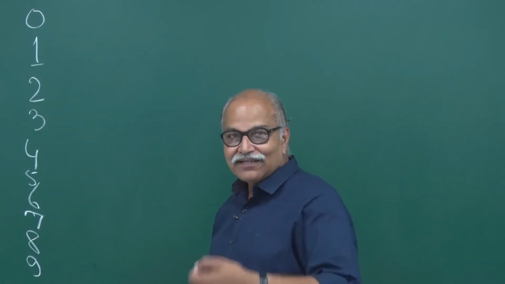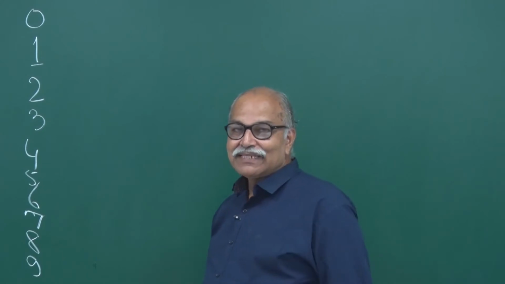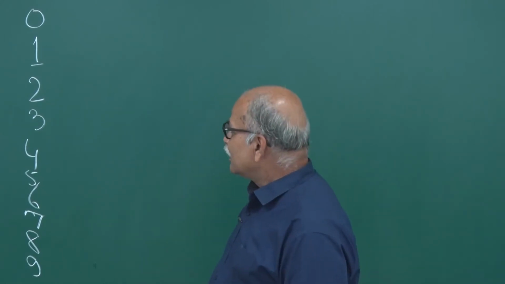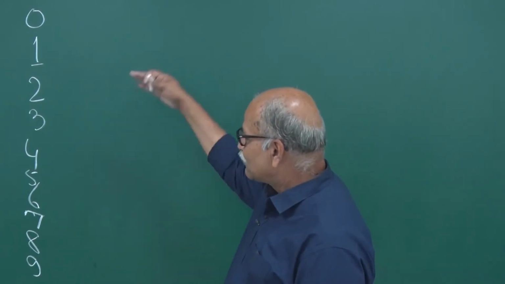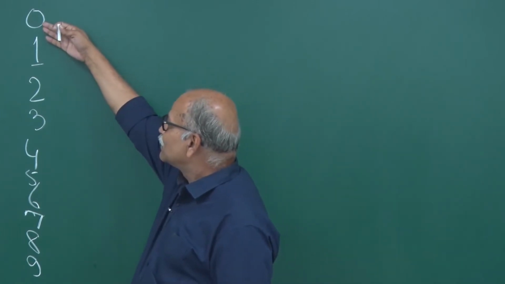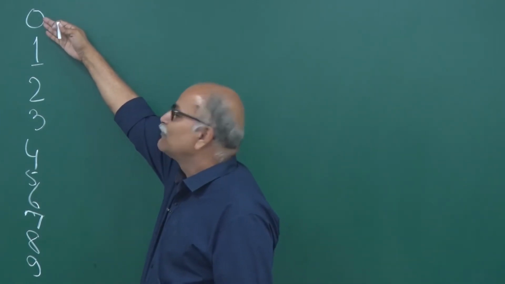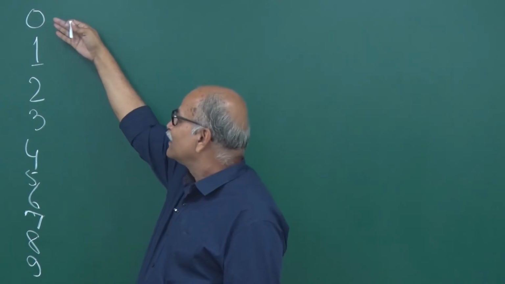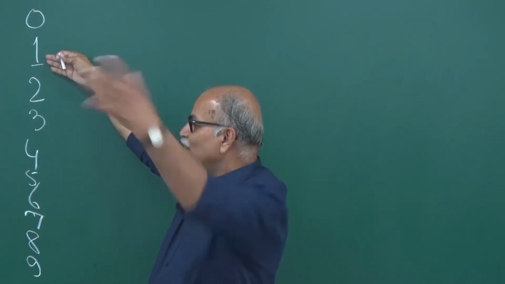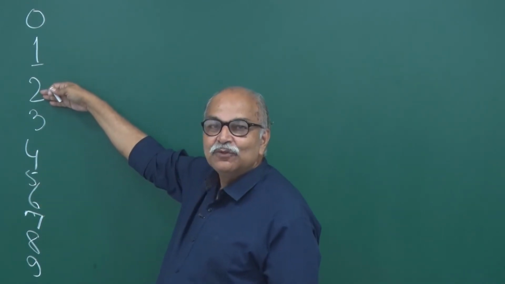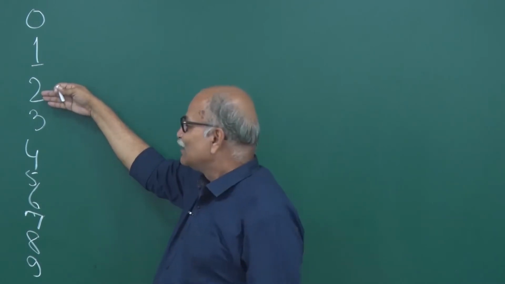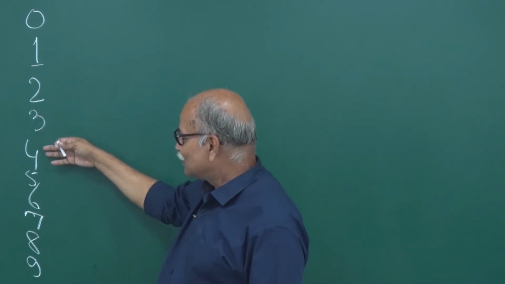So these are used for counting. You add flowers one by one, and you start with no flower, call it 0, and then 1 flower, you add 1 more, you say now you have 2 flowers, add 1 more, you say you have 3 flowers, and so on.